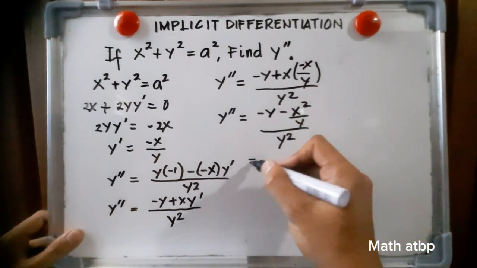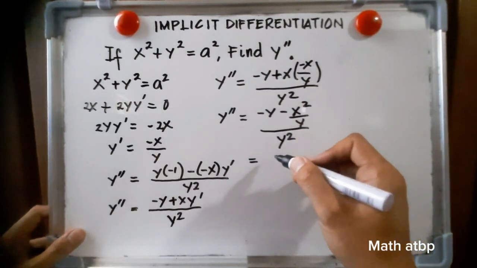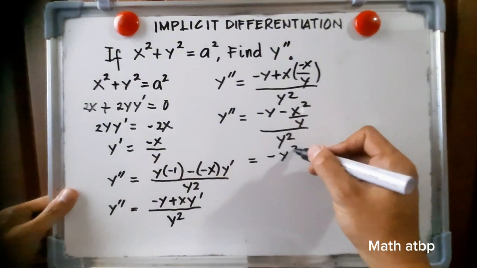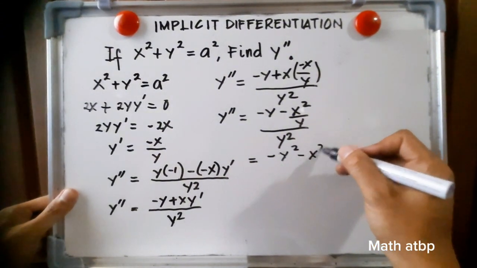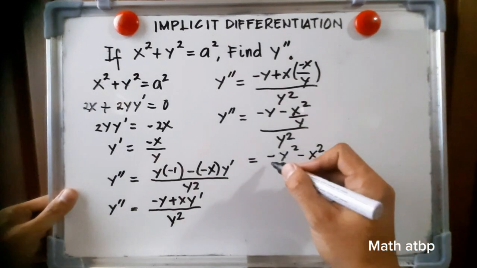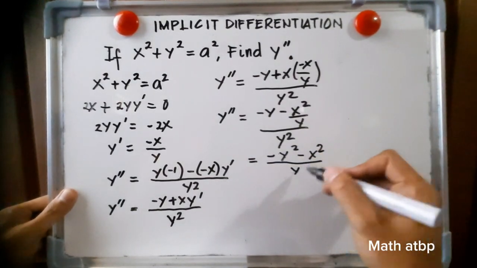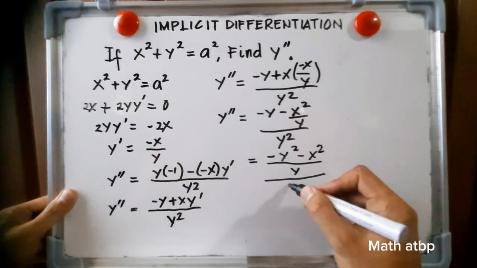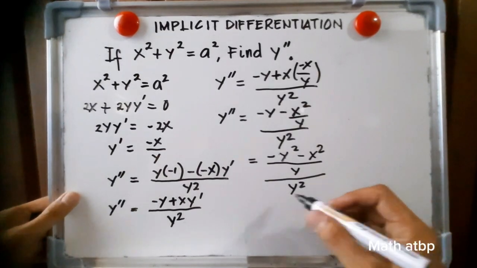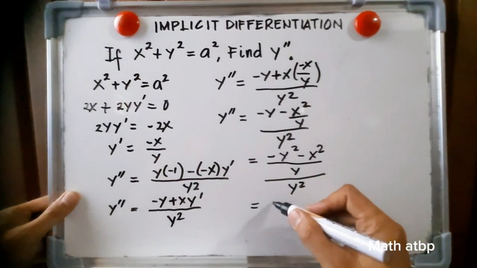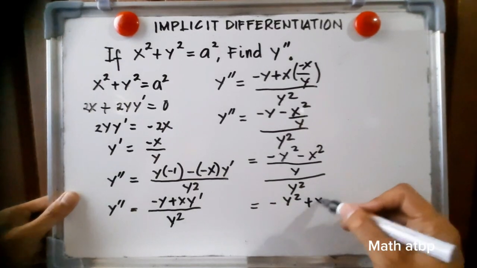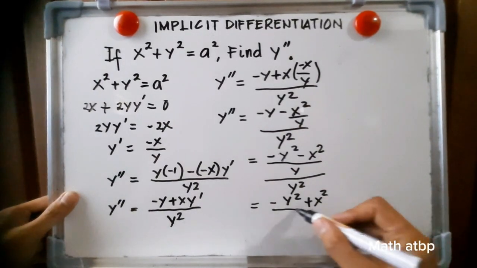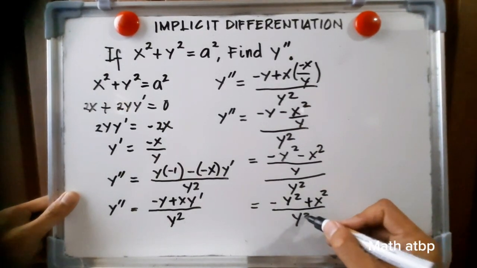Then finally we have y double prime equal to negative y squared minus x squared over y, all over y squared. Okay, and finally we have negative y squared plus x squared over y cubed.